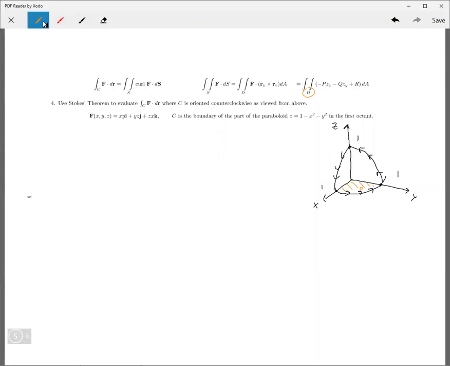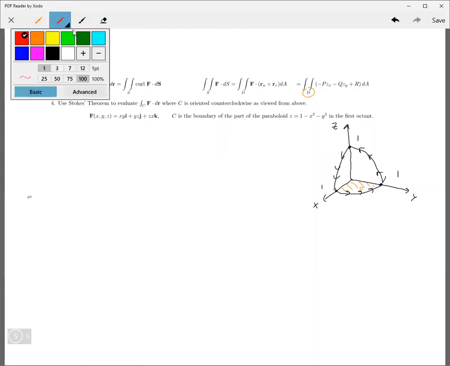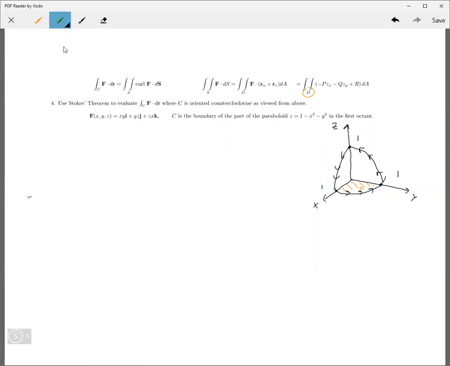Okay, so first of all, we want to calculate the curl. I'll do that up here. So the curl of F, and your F is xy, yz, zx.